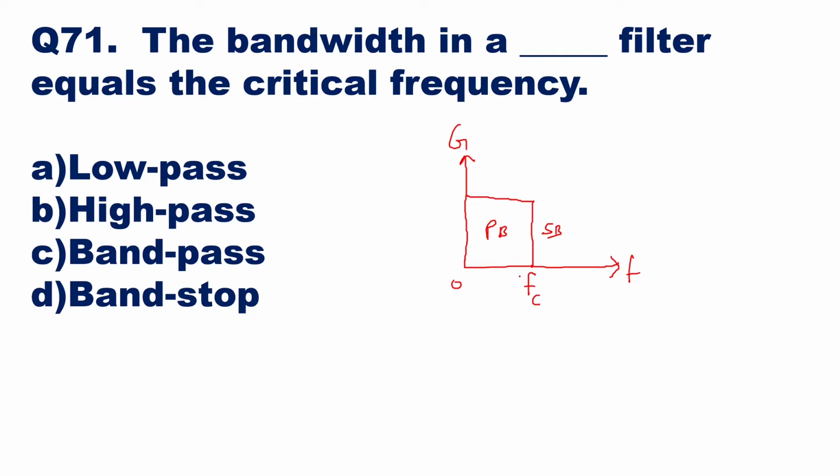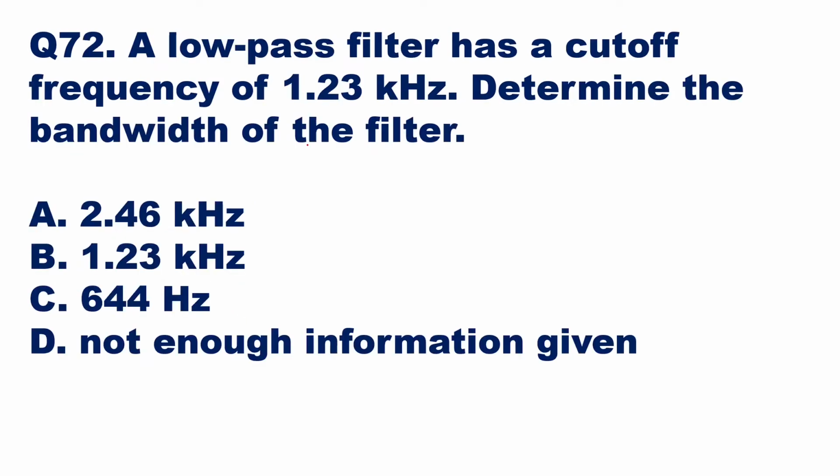This cutoff frequency is your critical frequency, and this will be the bandwidth. This concept is for a low pass filter, so the option low pass filter will be the right answer. The bandwidth in a low pass filter equals the critical frequency, that is your cutoff frequency.